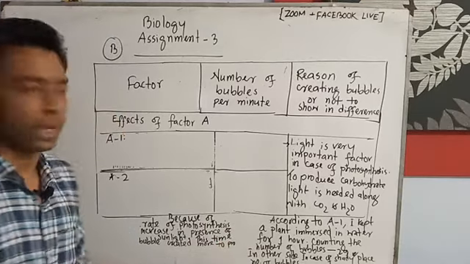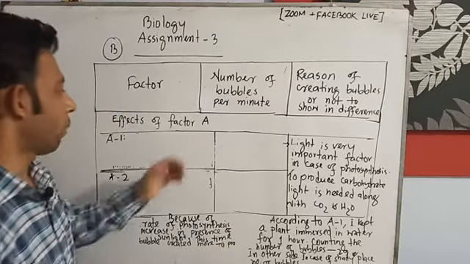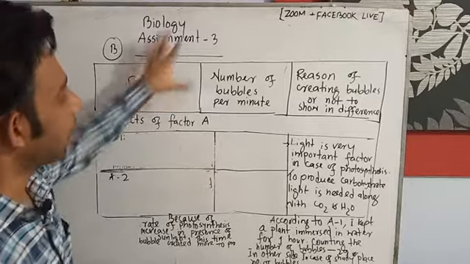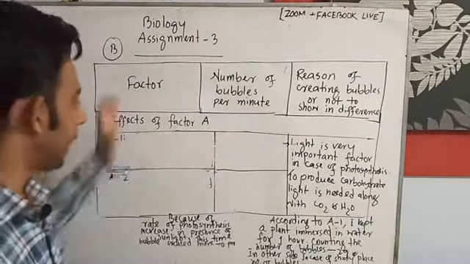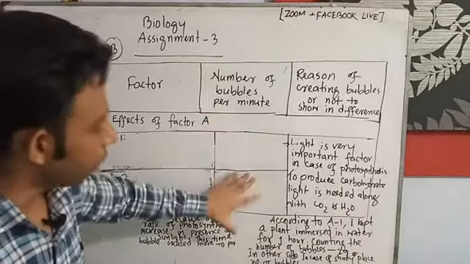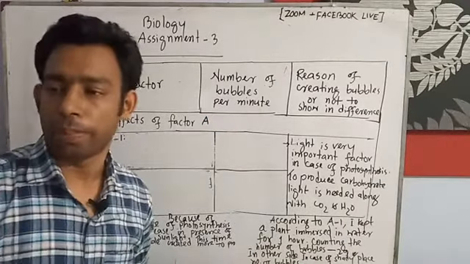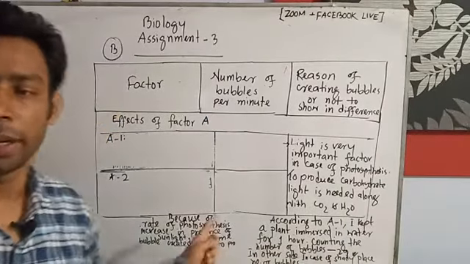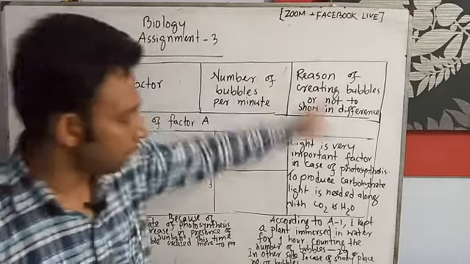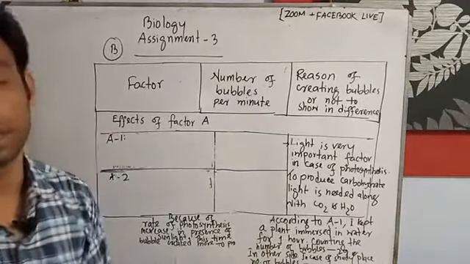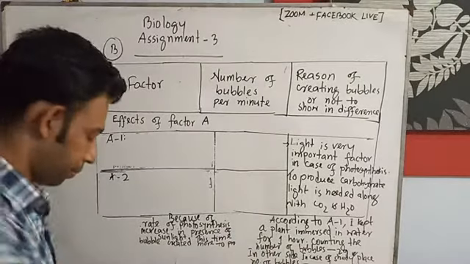Yes, it is to be written in the separate chart. First chart, only the number of bubbles chart, this box will be blank. Second chart, the bubble box will be blank, this box will be filled up. The reason of findings. First chart, the number of bubbles for A, and the B number answer at that time, the reason of findings. Okay.